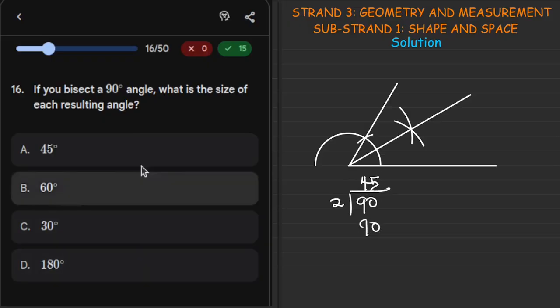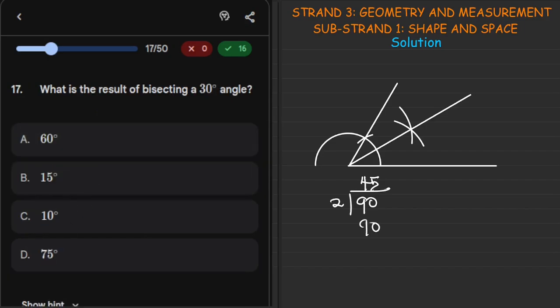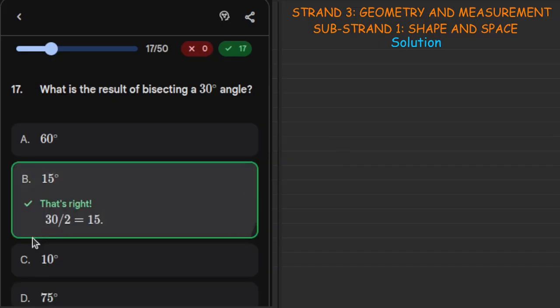So each is going to be 45 degrees. Number 17. What is the result of bisecting a 30-degree angle? Bisecting, once again, means to divide into two. So if you have 30 and you want to bisect it into two, then each is going to be 15 degrees. As simple as that.